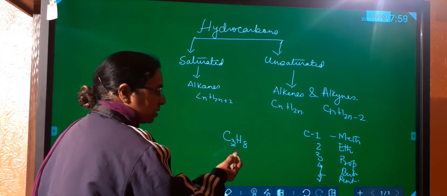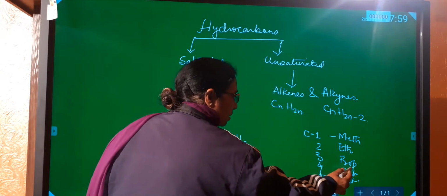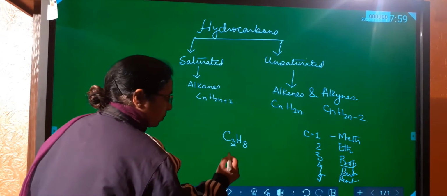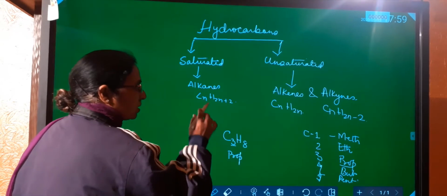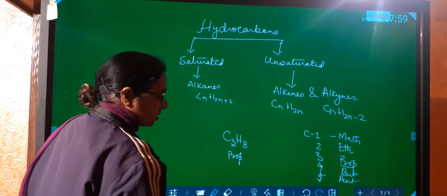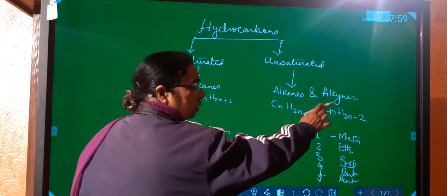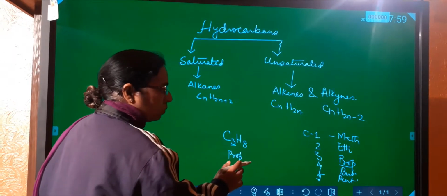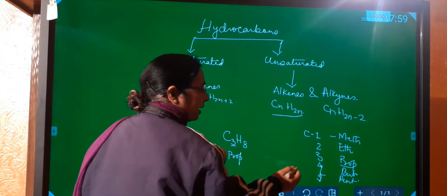Now coming to this compound, C3H8. C3 means this is prop. First thing, this is prop. Now whether this is propane or propene or propyne, how to distinguish between them? What we should do is always check for the alkene first.